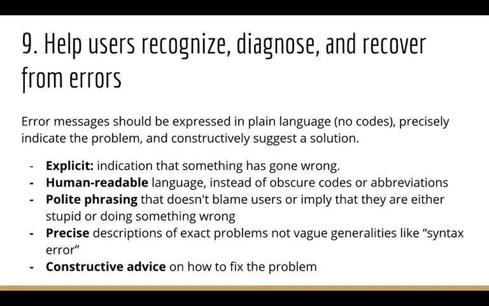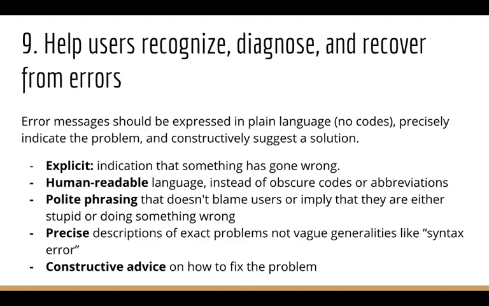So it should be human readable, not using codes, and it should be polite. It shouldn't make the user feel like they did something wrong either. And you want to be pretty precise about what happened and give constructive advice on how to fix it.